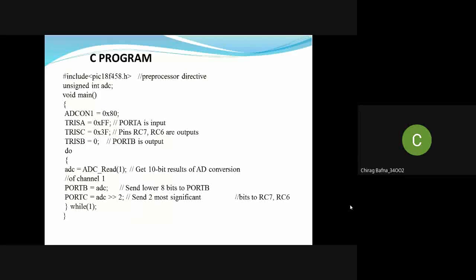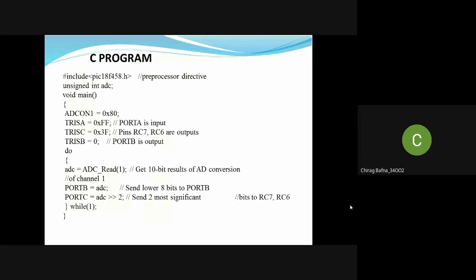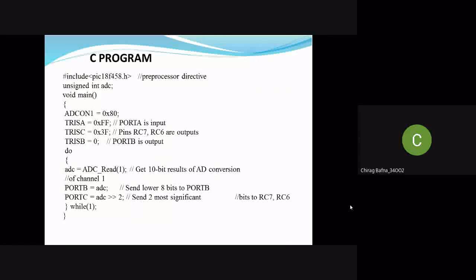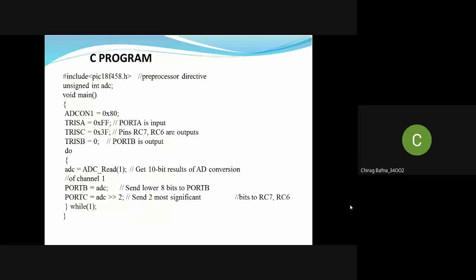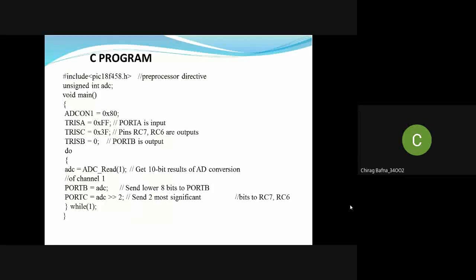After that, it sends the lower 8 bits to port B and sends the two most significant bits to RC7 and RC6, which are outputs. While(1) is needed if we run in hardware, and while(0) is needed when run in software.